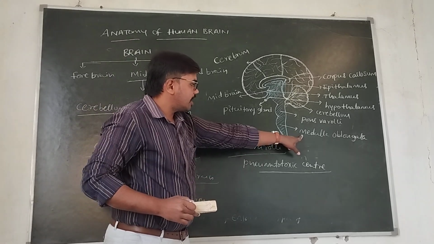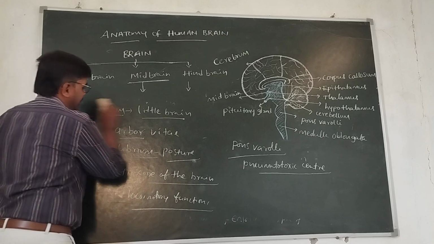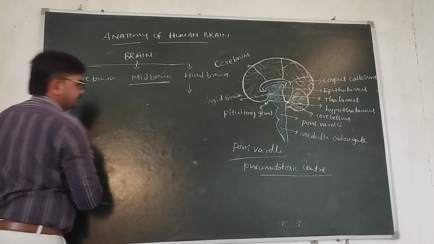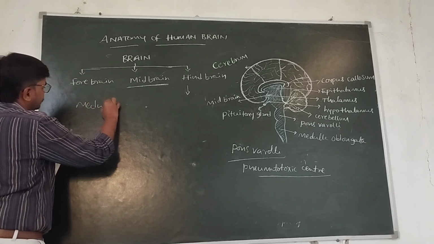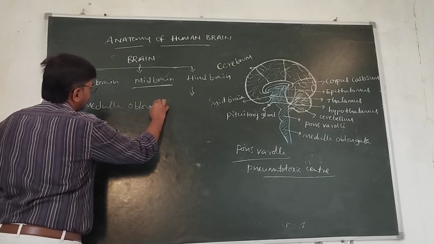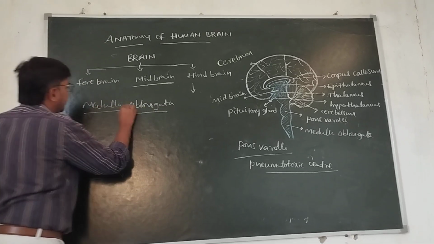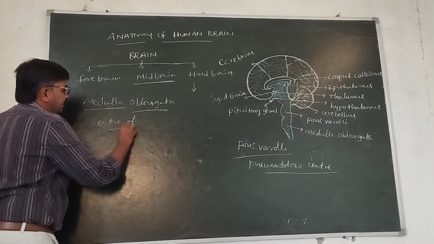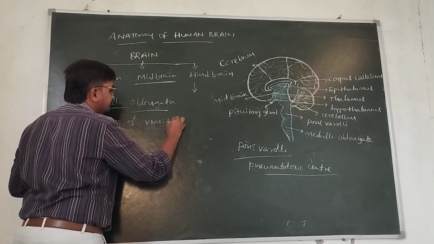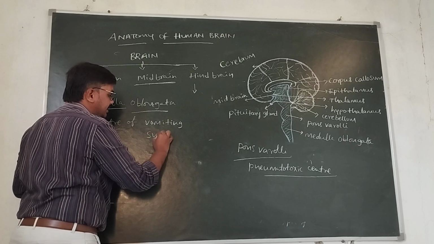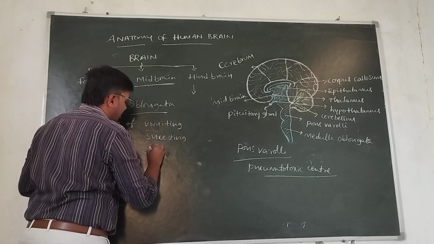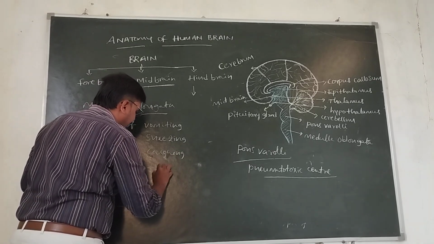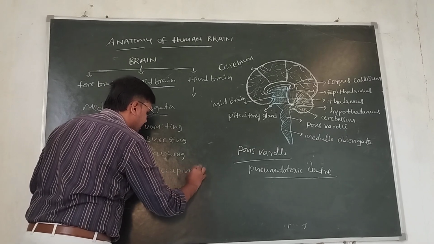Next, the last part is the medulla oblongata. The medulla oblongata is the center of vomiting, sneezing, coughing, and hiccuping.